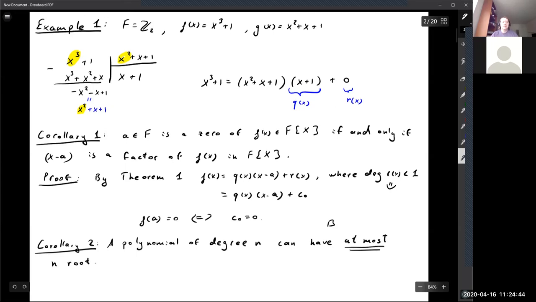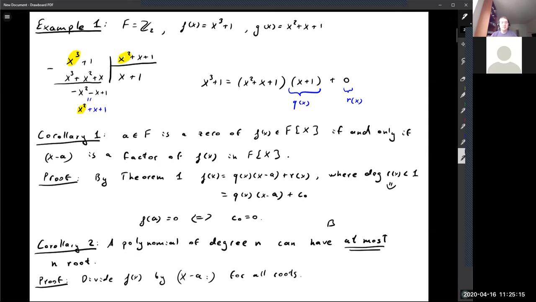As you all know, it might have fewer, and again, the proof will be to divide f of x by x minus a_i for all roots.